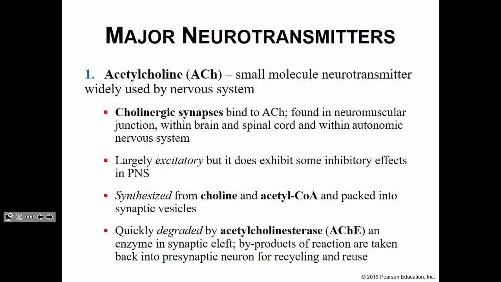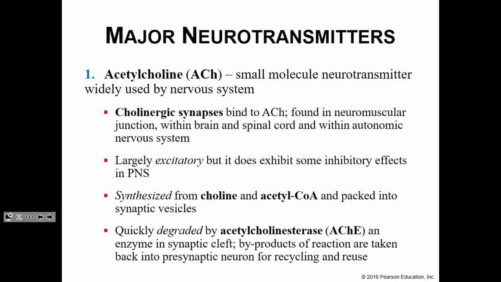First is acetylcholine, and this is the one that we talked about that was used to stimulate the skeletal muscle fibers. It's widely used by the nervous system. There are cholinergic synapses that use this acetylcholine, and we find them in that neuromuscular junction that we studied in the last unit, and we also find them within the brain and spinal cord and within the autonomic nervous system.